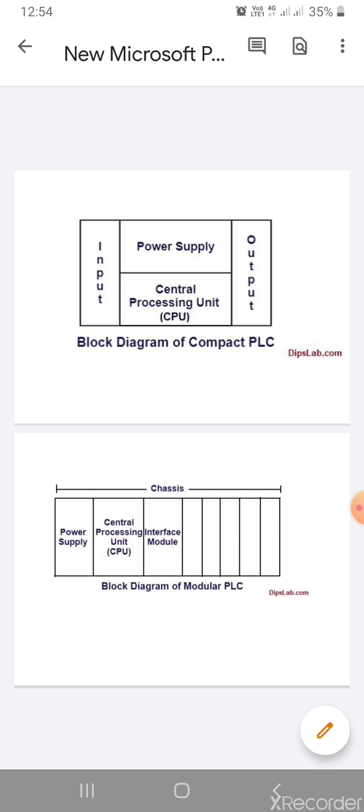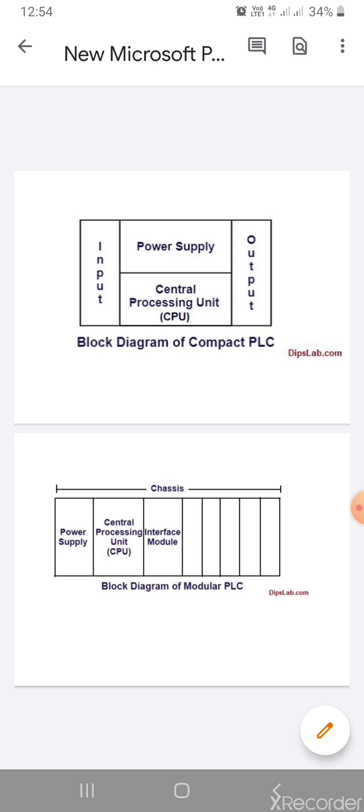Considering the applications, the compact PLC is very useful for smaller applications and most suitable for domestic purposes, whereas the modular PLC is used for industrial purposes and also for future industrial expansion and growth.